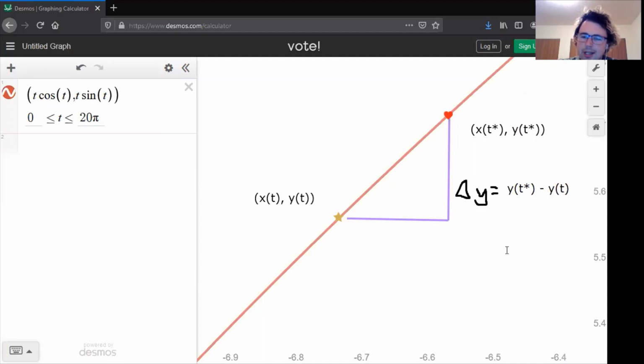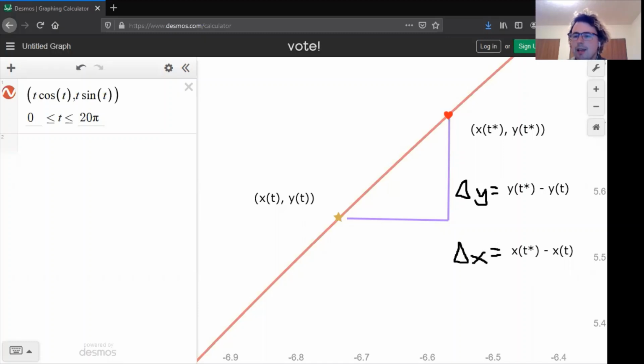And similarly, x, what's happening there? Well, I would want to calculate the function x at t star minus the function x evaluated at t. What is the difference of my two x coordinates? And I would call the result of this subtraction delta x.